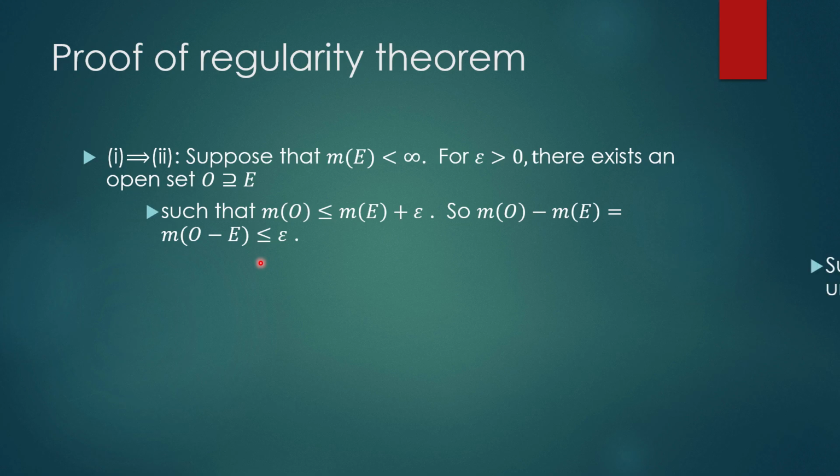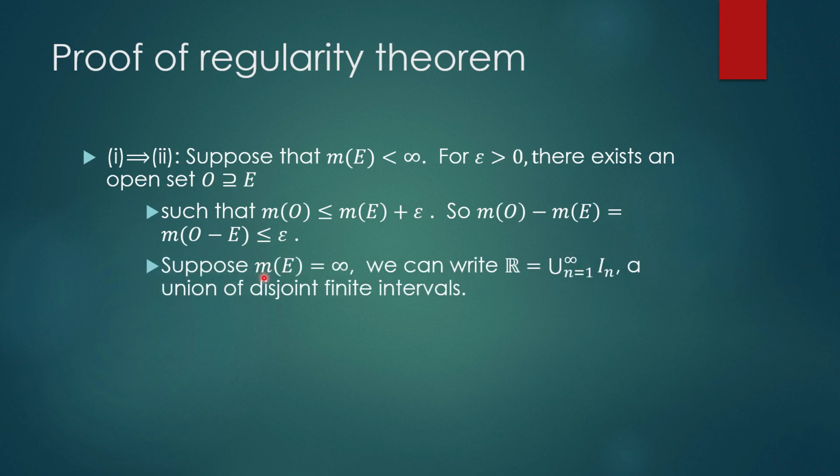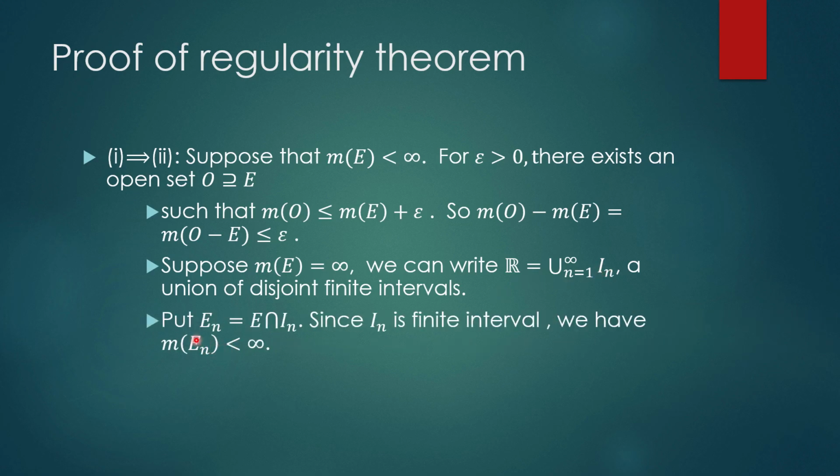So that is what we are now able to prove for the case when the measure of E is finite. Then suppose the measure of E is not finite, that is, infinity. We can write R as a countable union, n going from 1 to infinity, of In, a union of disjoint finite intervals, where each In is a finite interval and all of their union is exactly equal to R. So you can put En equal to E intersection In.